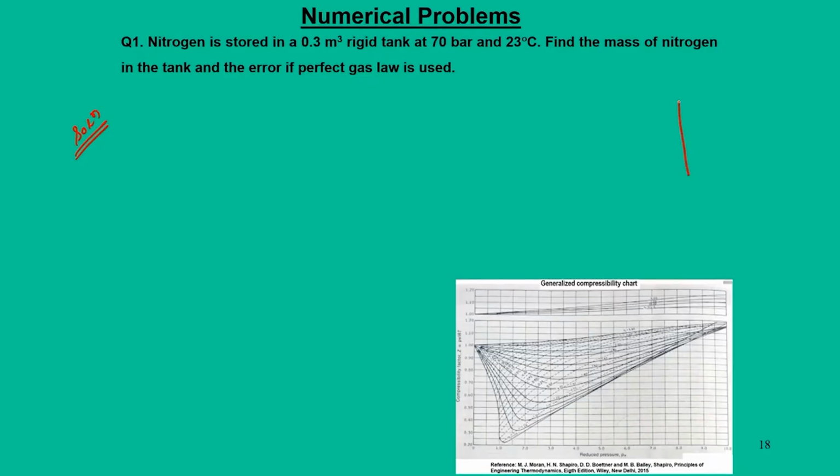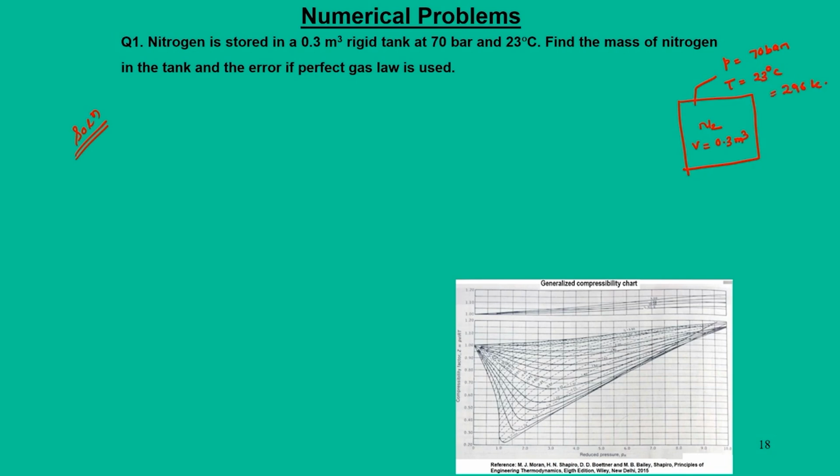We have a rigid tank that stores nitrogen, with a volume of 0.3 meter cube, pressure P of 70 bar, and T equal to 23 degree centigrade or 296 Kelvin.